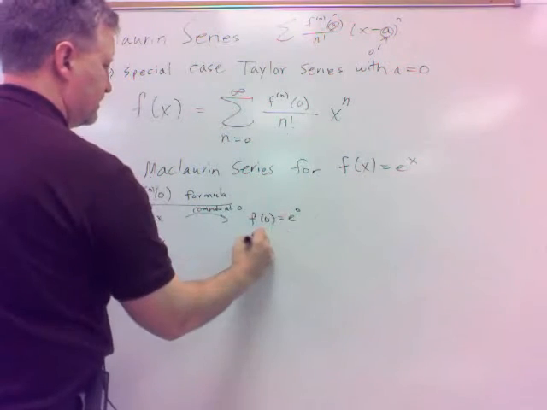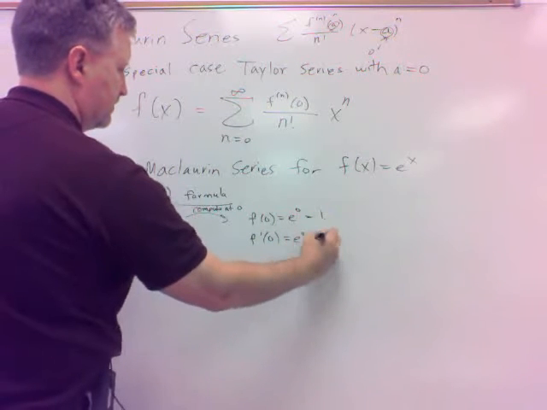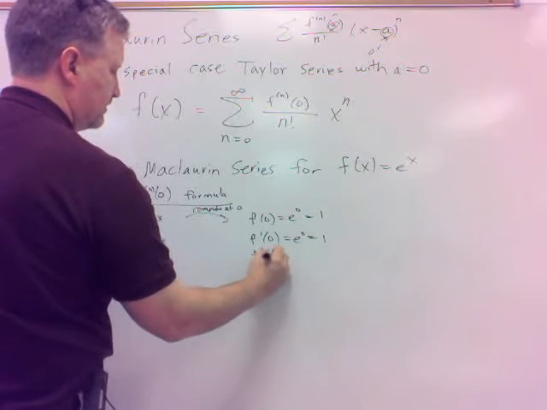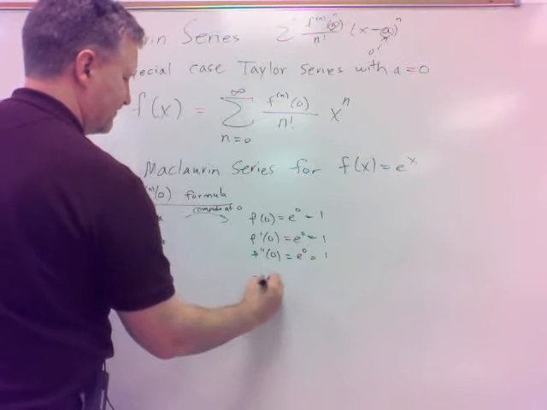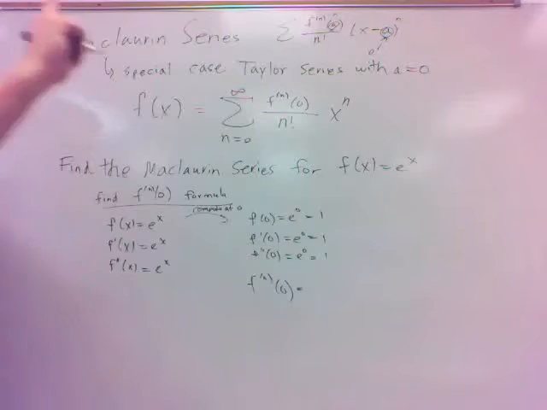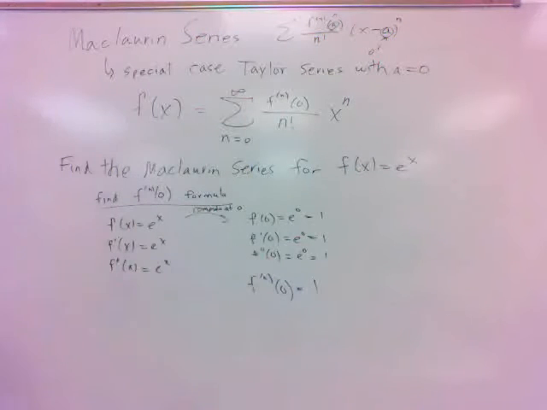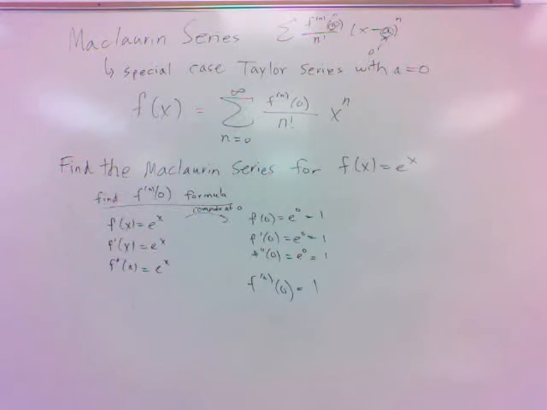It's e to the 0. f prime of 0 is e to the 0. It's 1, 1. Ooh, this one works out really nicely, doesn't it? What's the nth derivative at 0? Yep, that's what turns out really nicely. For e to the x, the nth derivative at 0 is just 1. Derivatives are all 1 at 0 for this one.